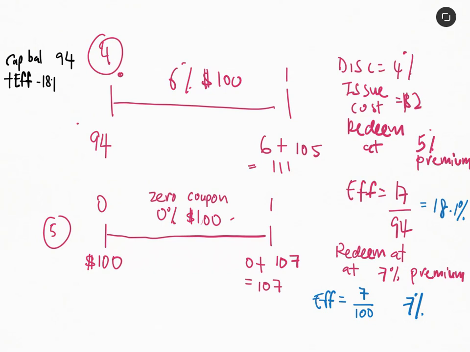We start with capital balance. How much do I receive? I borrow 200,000 with a 5% discount, means I'm going to receive 95%, correct?